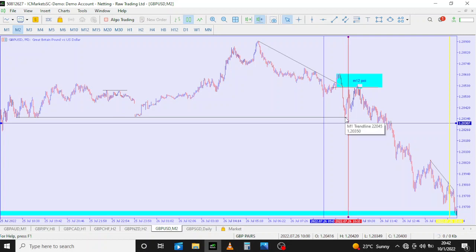It went on because the more touches there are on a trend line, the more reliable it is.